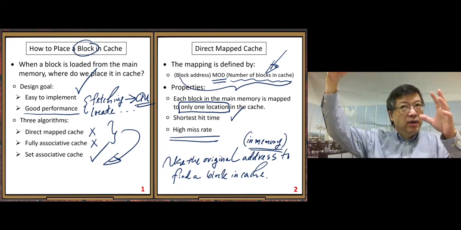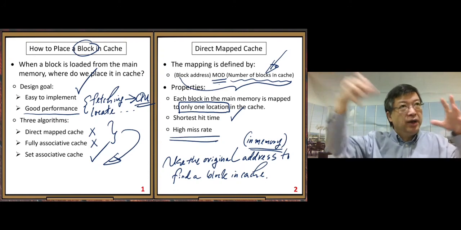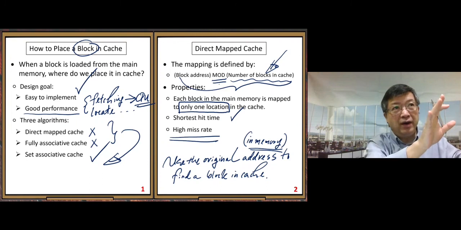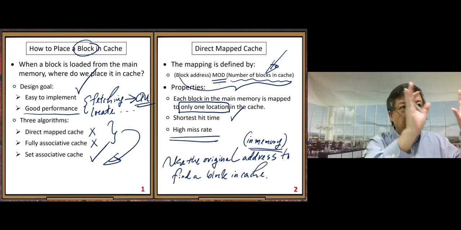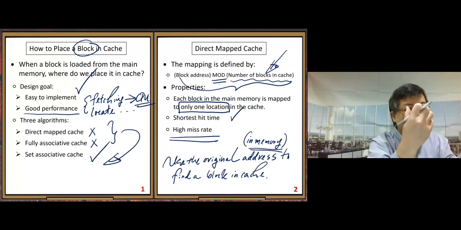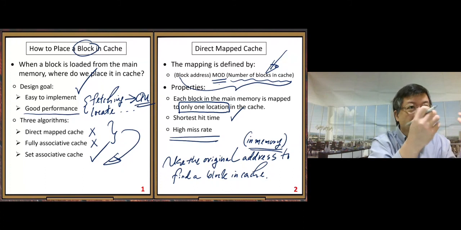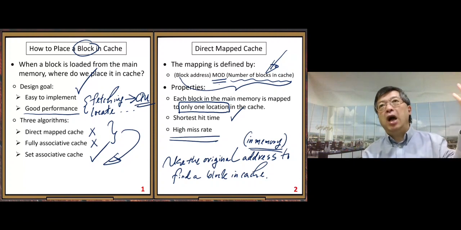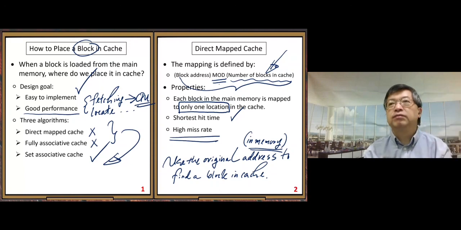When you put a block into the cache, there is only one location you can put it. When you put a new block in the cache, the old block that occupies that slot is replaced by the new block. That means the old block data cannot be accessed from cache anymore.